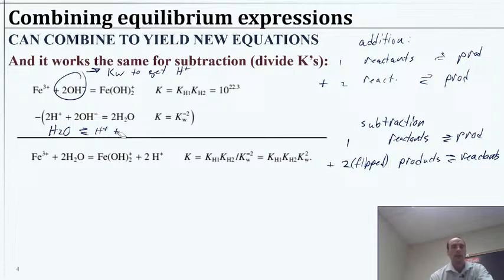So in this case, we are flipping it so that when we put it together properly, it works. Okay, so the final situation here is Fe3+ + 2H2O in equilibrium with this FeOH2+ + 2H+. And that's where we get that division of the Kw at the end there.